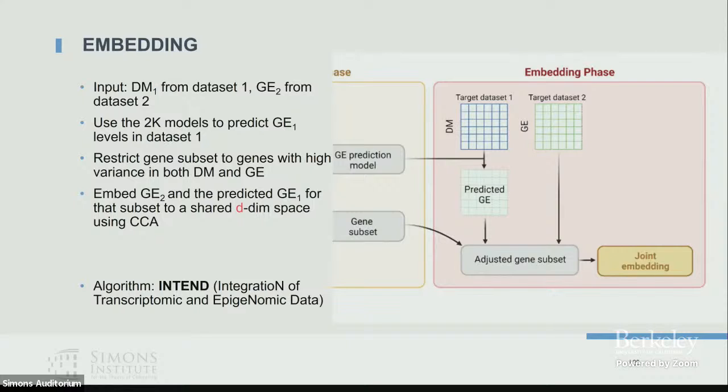So we end up with a set of typically a few hundred genes. And then we now have the predicted gene expression and the known gene expression from the other data set. And we embed them together into a d-dimensional space using a canonical correlation analysis. And we call this method INTENT.